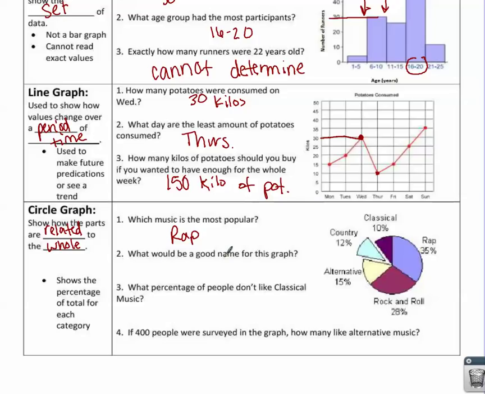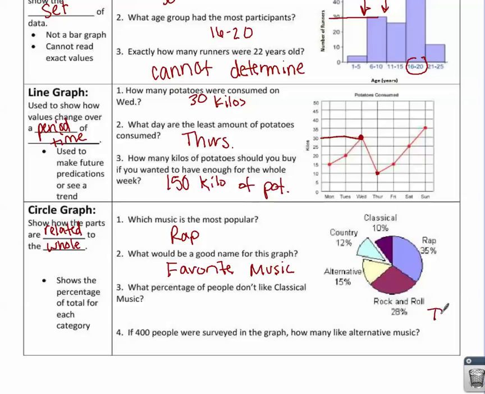And what would be a good name for this graph? This may be a variety for you guys, but I'm looking at it and it's talking about music. Could say favorite music. What percentage of people don't like classical music?